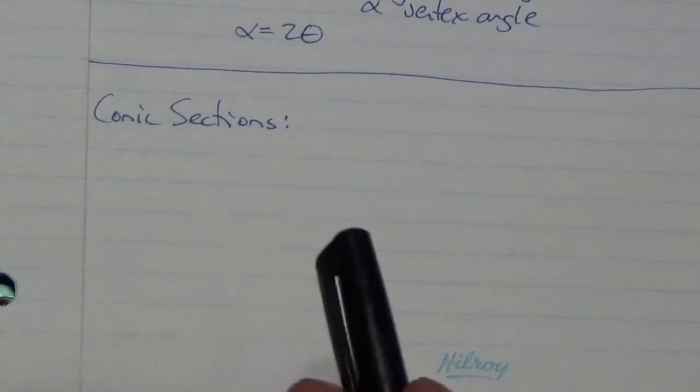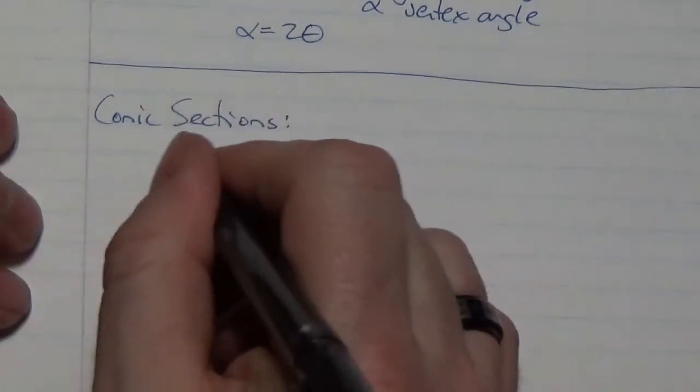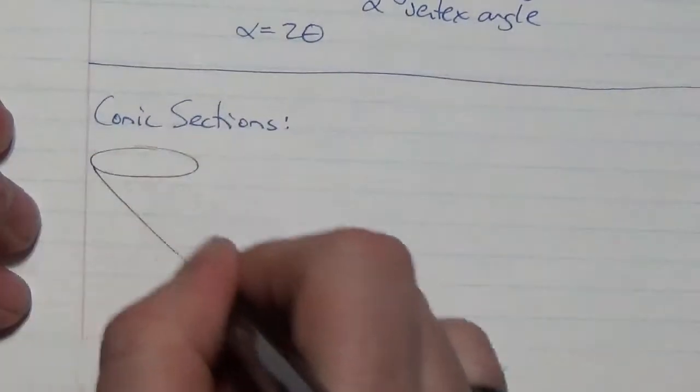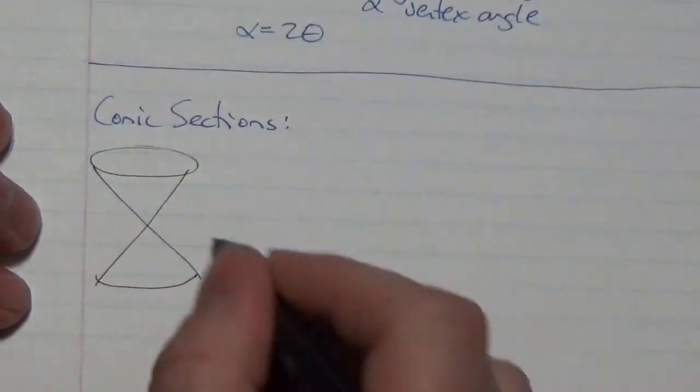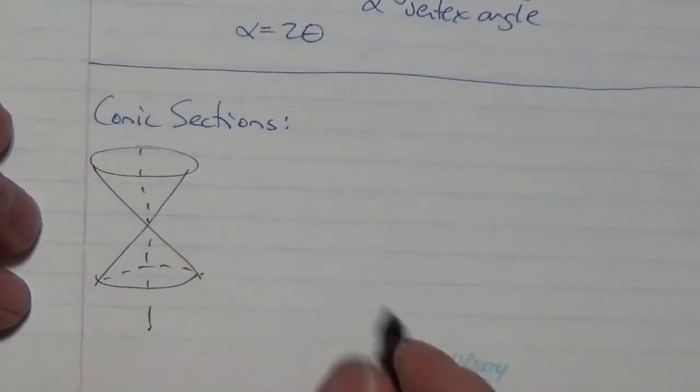Now that we've taken a couple of minutes and introduced you to this object called the double napped cone, what we want to do is talk about conic sections.